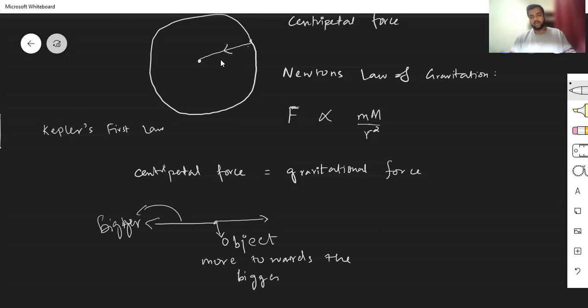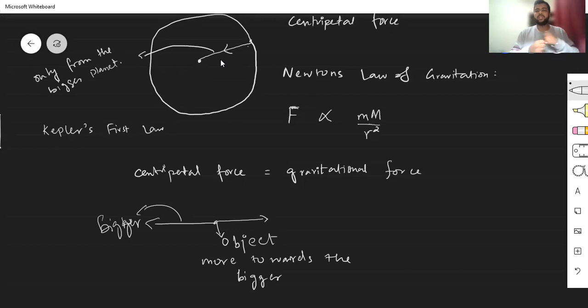So this is the basic concept of the force that's applied there. We're not talking about a single force, and this force is not only from the bigger planet. The reason the smaller planet is attracted towards the bigger planet is because the smaller planet doesn't exert that much force.